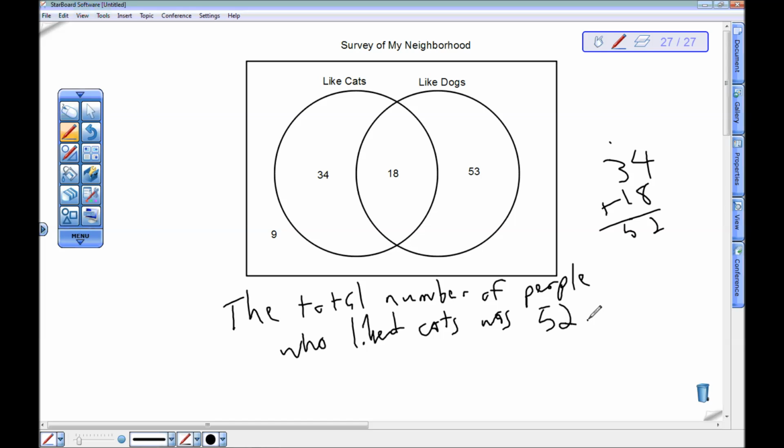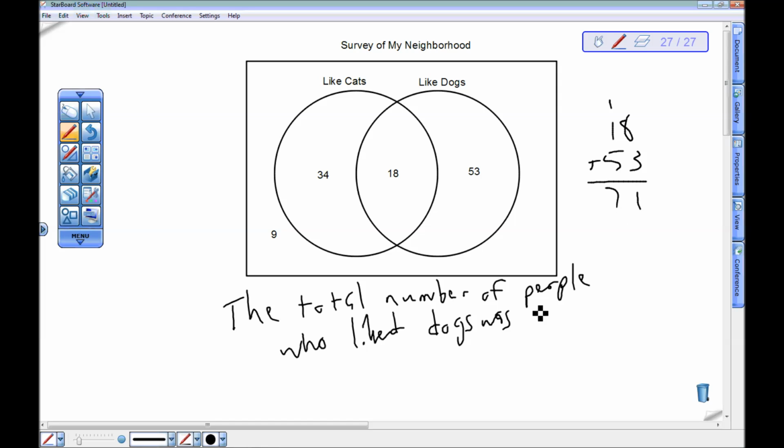Okay, if I want to turn that around and say the number of people that liked dogs, the number of people who liked dogs was 18 plus 53. 71. 71 people liked dogs.